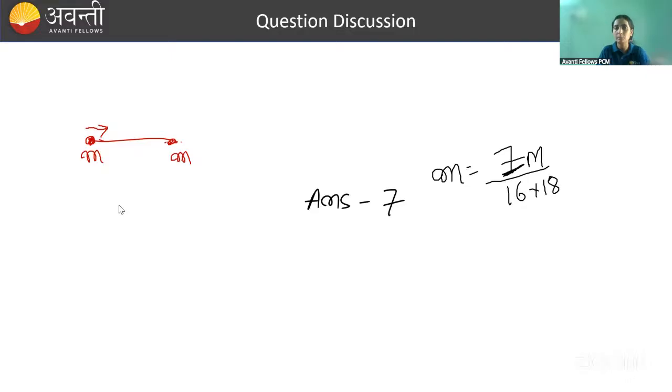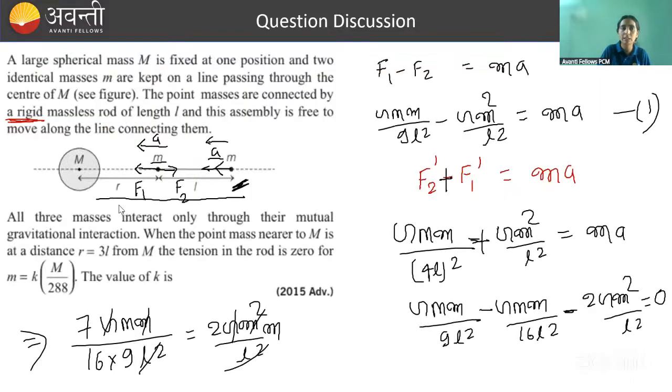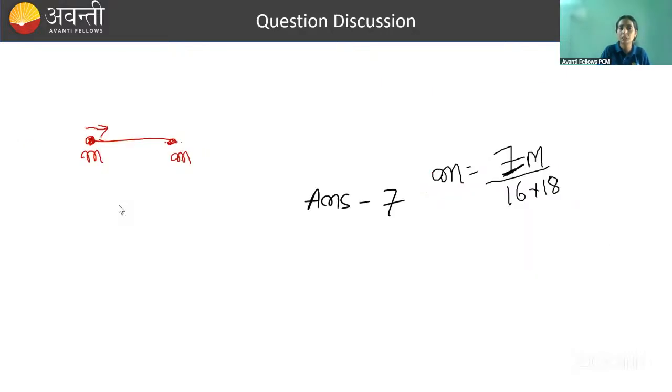In the previous case, what I explained was for a non-rigid rod. That is why I said that if it is getting compressed, then tension will arise, and when it gets compressed, they will have relative velocity or relative acceleration. So basically this much explanation was not needed because this was a rigid rod. For a rigid thing, the separation between things doesn't change. So here relative acceleration or velocity will be zero.